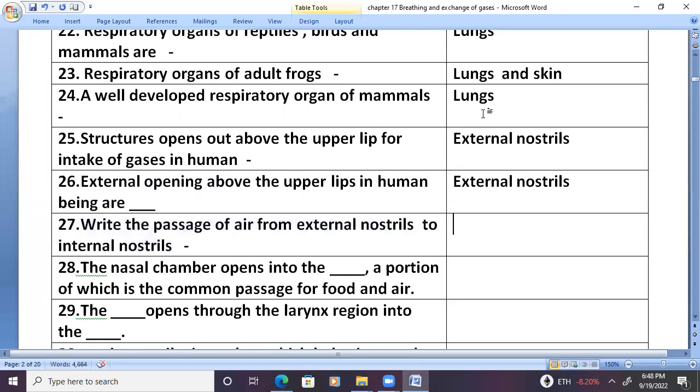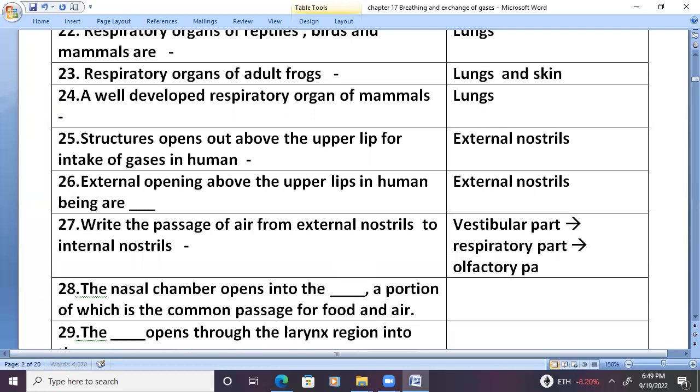Write the passage of air from external nostrils to internal nostrils. From the external nostrils, first comes the vestibular part. Then it opens into the respiratory part, then the olfactory part.